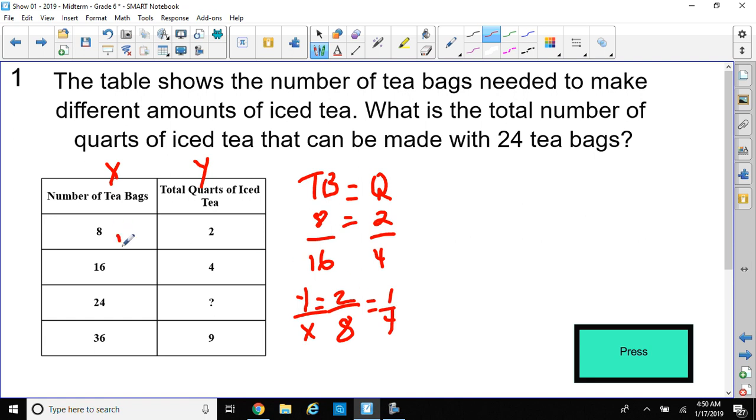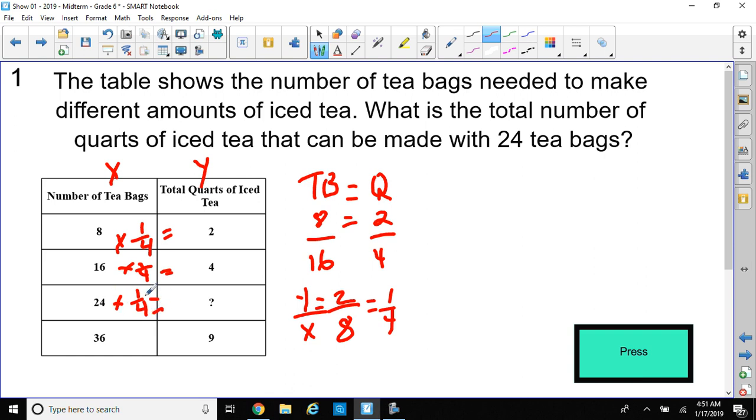In other words, if I take 8 and multiply it by 1/4, I get 2, because 8 times 1 is 8 over 4, which gives us 2. And if I multiply 16 by 1/4, that'll give me 16 times 1 is 16 over 4, which is 4. So it looks like the common number we're multiplying by is 1/4. And I can say multiply by 1/4 or divide by 4 because that means the same thing.